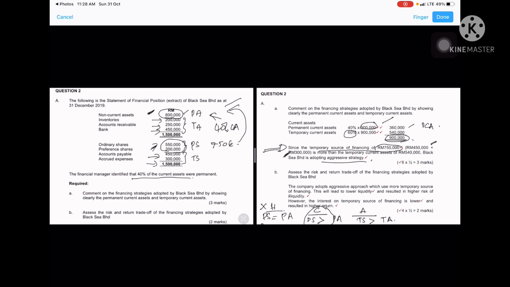This total of 750 is more than our current asset, which is 540.